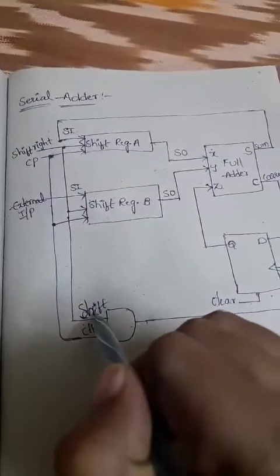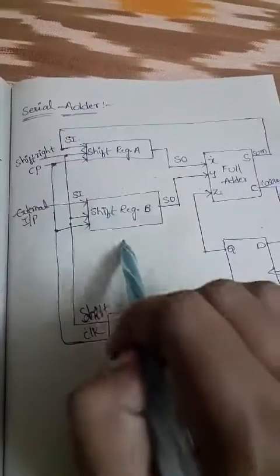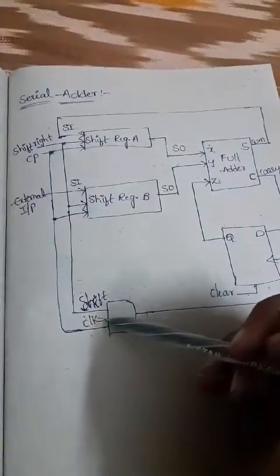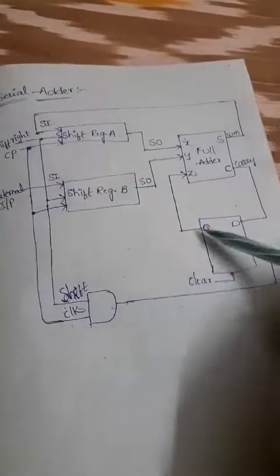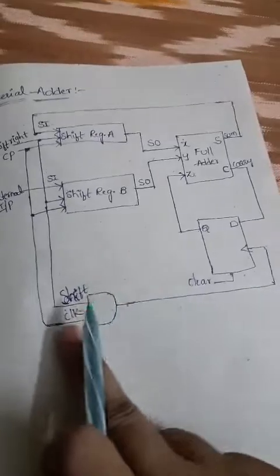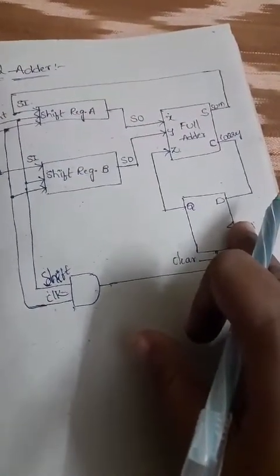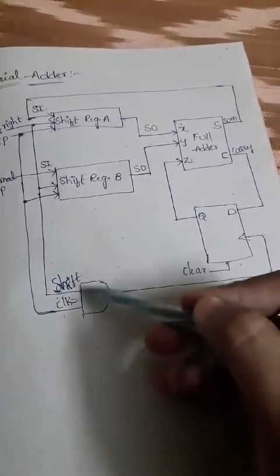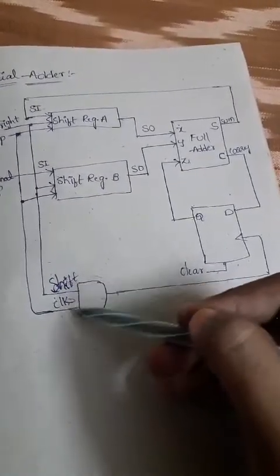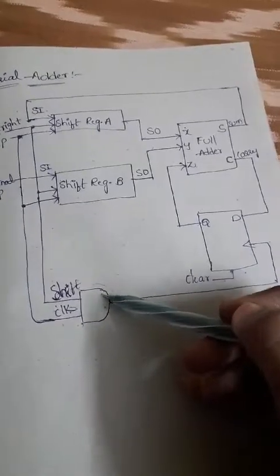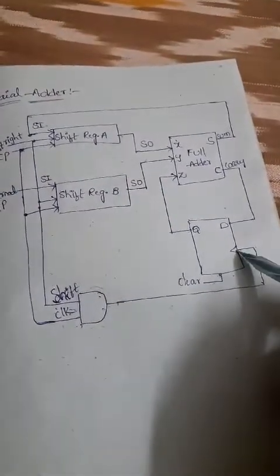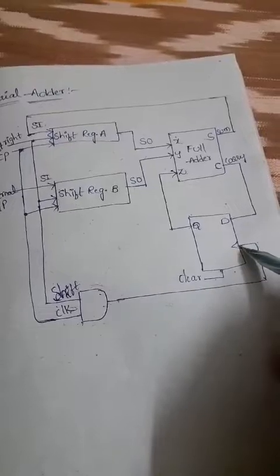The clock signal should be given to the flip flops, because without a clock signal the flip flop cannot work. The clock and shift are ANDed together, and that is given as the clock pulse to the flip flop.